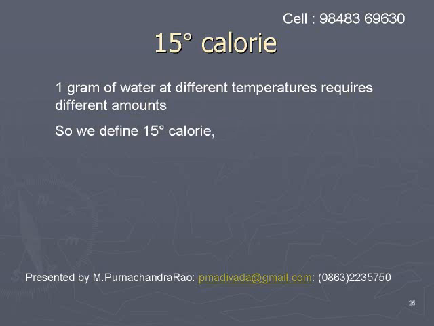So, the amount of heat required changes with the temperature. But if we take the average of the calories from 0 to 1, 1 to 2, 2 to 3, etc., then it is equivalent to 15 degrees calorie.